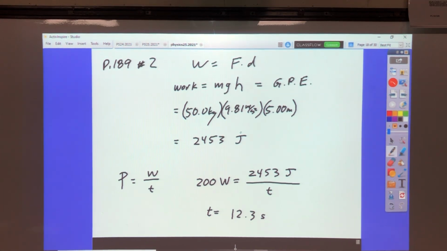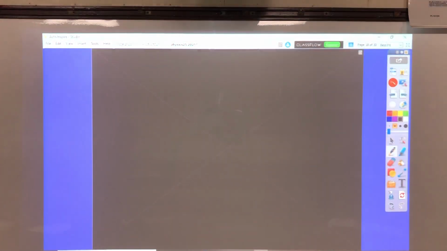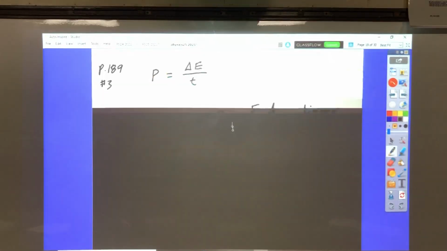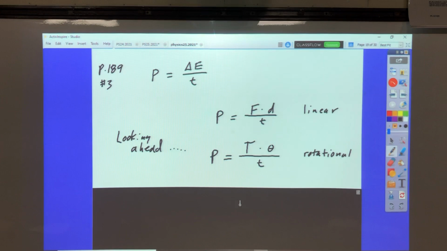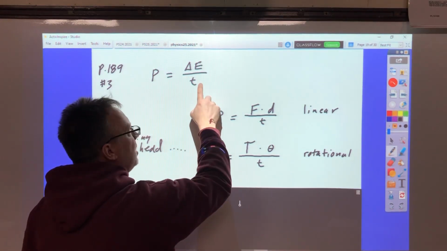How are time, energy, and power related? I probably will have to add to my notes here because I was thinking about this on the way home yesterday. Okay. Power is the change in energy per unit of time.